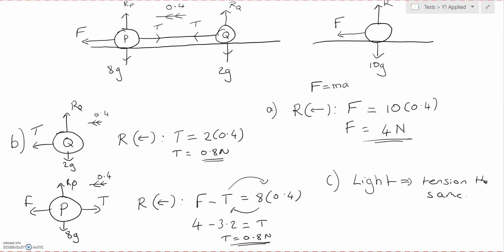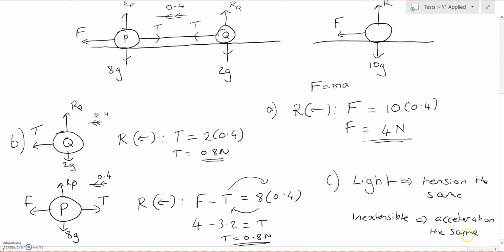You can also mention that the mass of the string is negligible, or we don't take it into account. And the fact that the string is inextensible means that the acceleration of the two particles is the same.